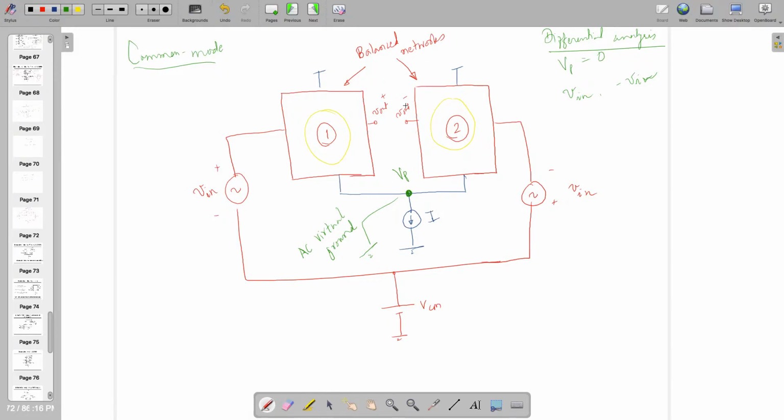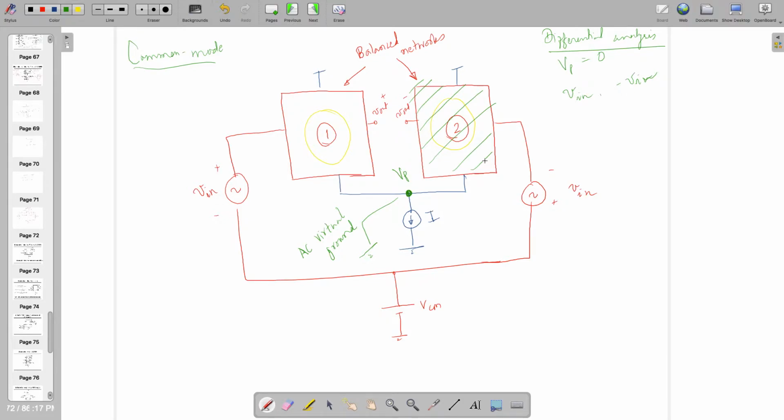Whereas in the case of differential analysis, we were finding out the differential gain from one part of the circuit, one of the balanced networks. It's known as the half circuit analysis approach. So we studied all these things, and we practiced some of the circuits.